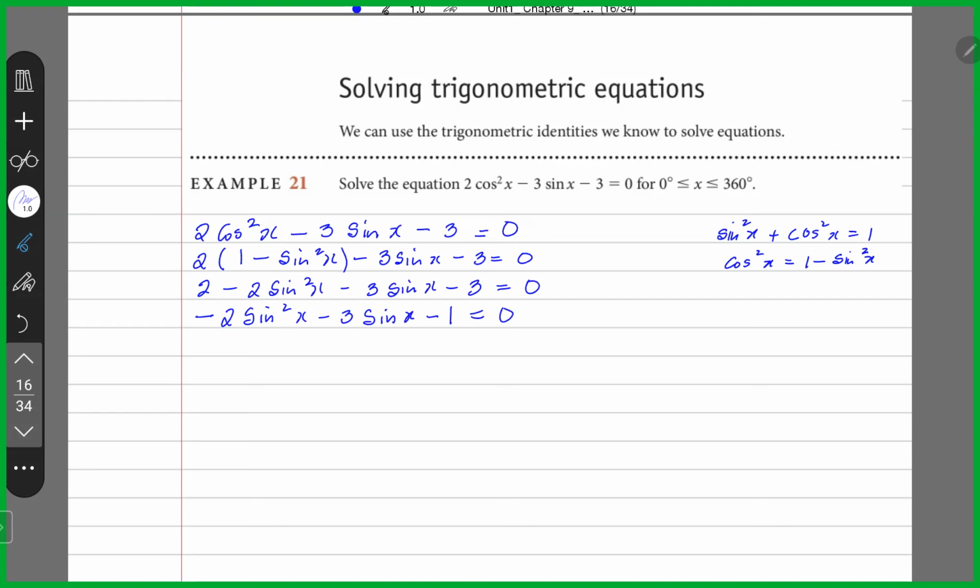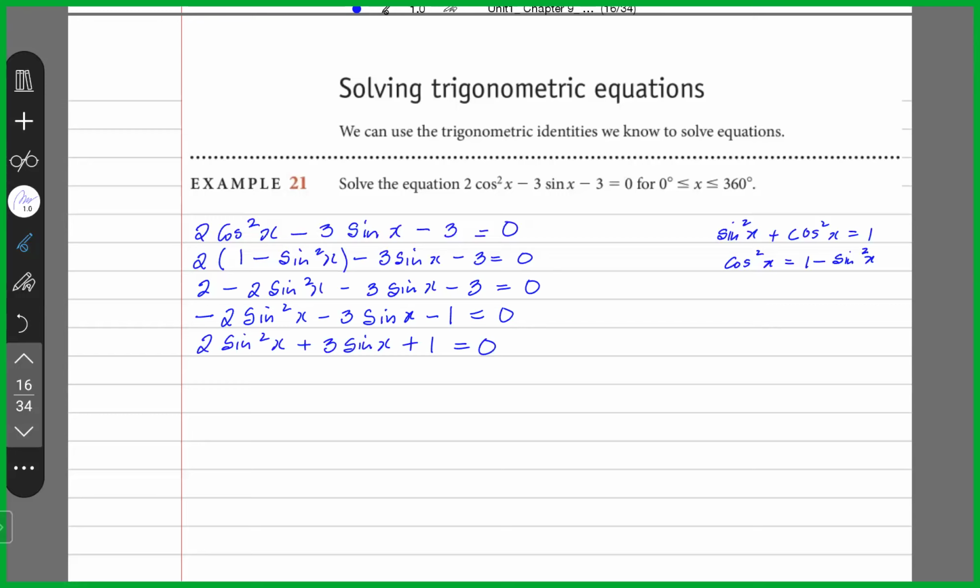Sometimes I don't like to work with so many negatives, so I'm going to multiply the entire equation by minus 1. I end up with 2 sine squared x plus 3 sine x plus 1 is equal to 0.